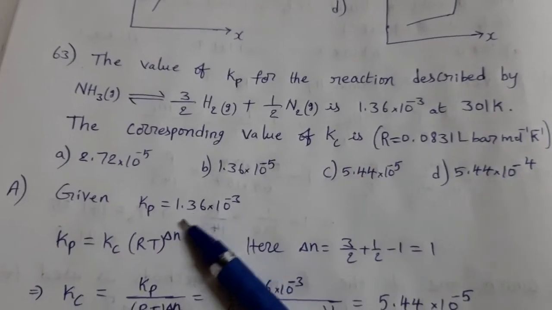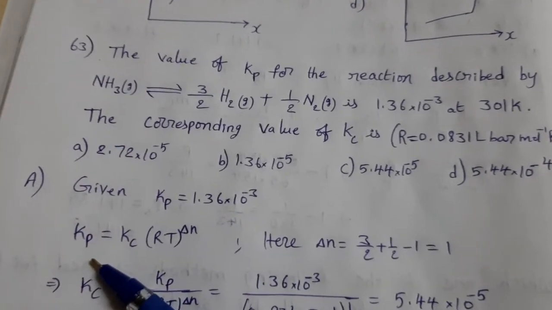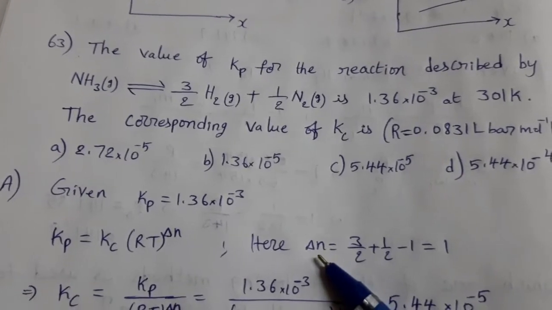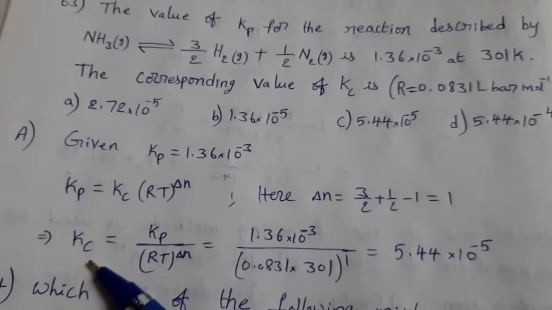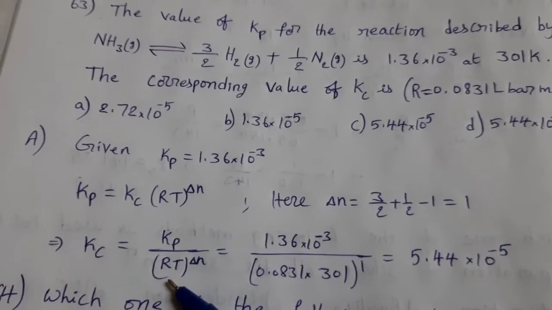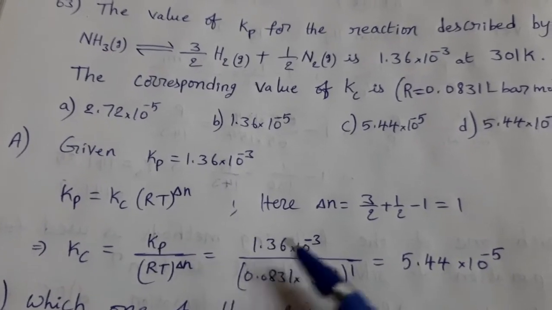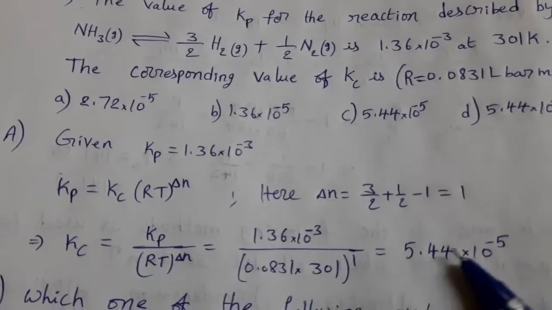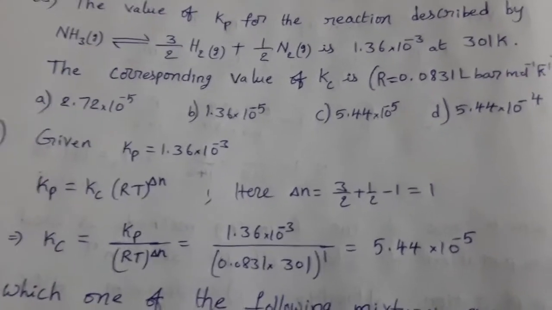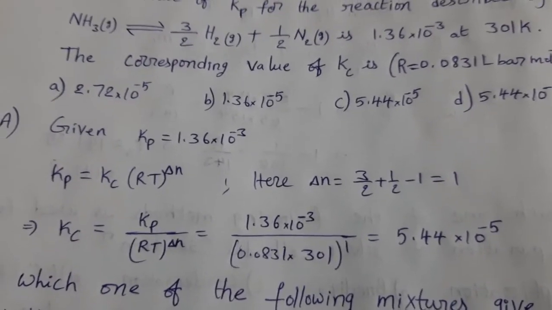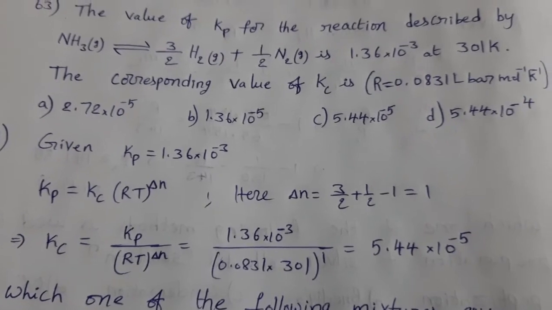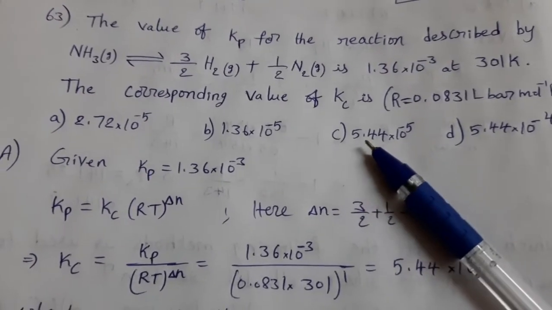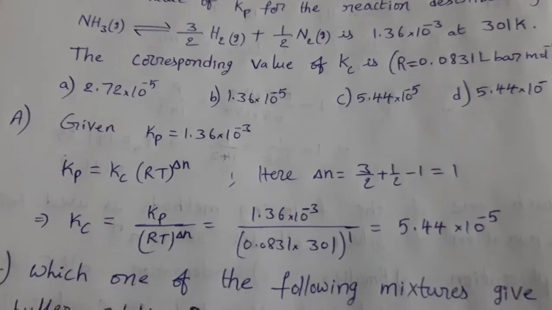The relation is Kp equals Kc into (RT) whole power delta n. Here delta n is 1. Then Kc equals Kp divided by (RT) whole power delta n. Substitute Kp value, R and temperature. Then we get Kc, that is 5.44 × 10^-5. Option C is the answer for this question.